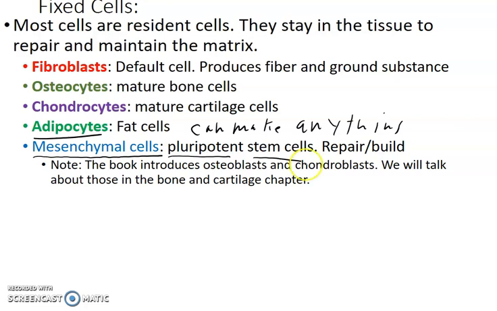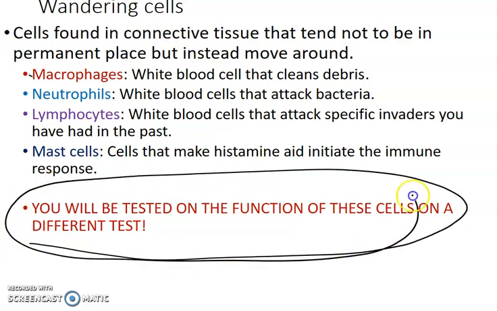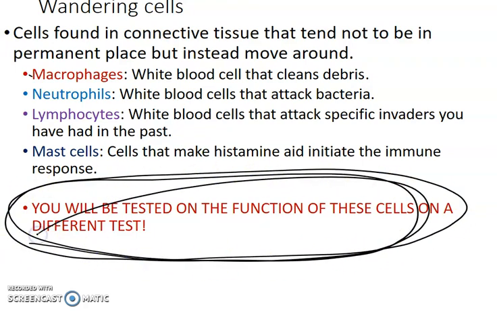So your book also introduces osteoblasts. Remember we said osteo is bone, blast is build. Chondroblasts, chondro is cartilage. We'll talk about this in another chapter. Then there's wandering cells. Look what it says right here. You are not tested on these yet. These are connective tissue cells that move around.